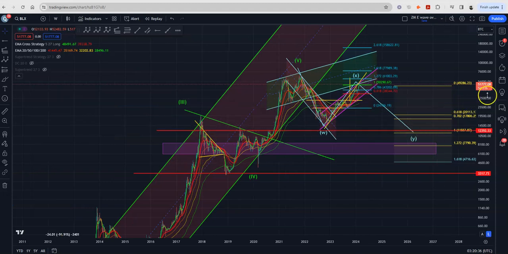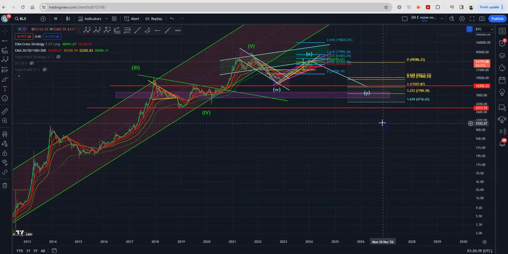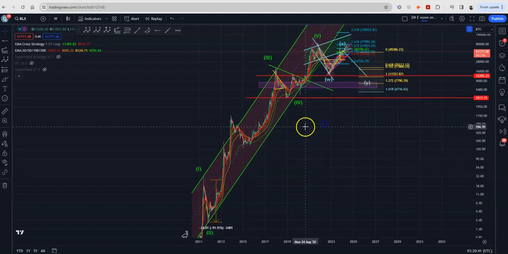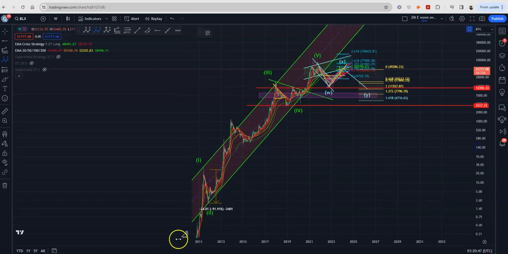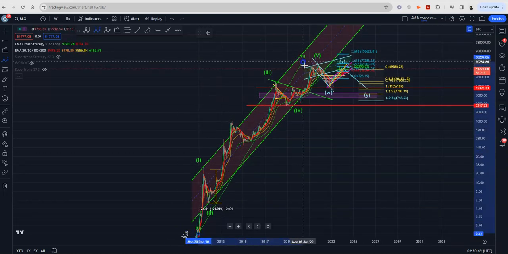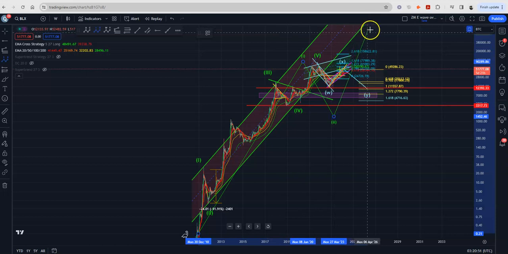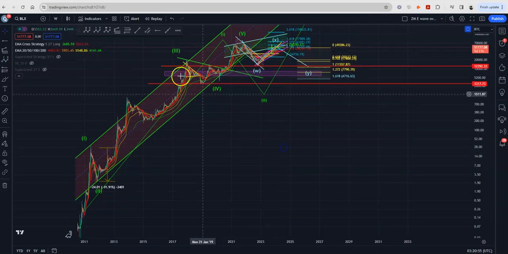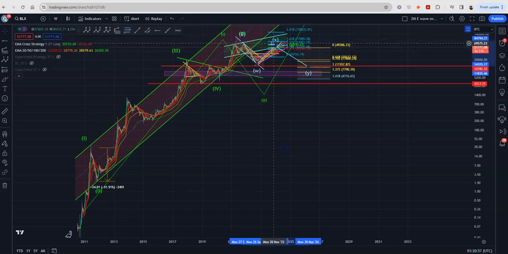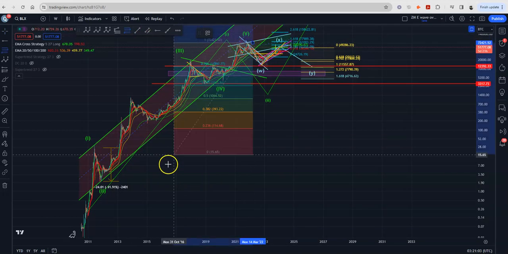Yeah, this is the macro count. Now, that was a super cycle. This will give it a 1, 2, 3, 4, 5. Bitcoin is going to go into uncharted territory, folks.